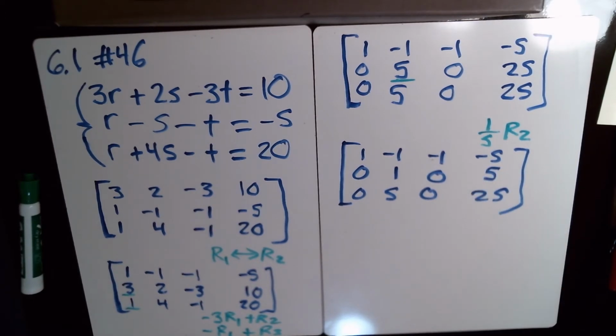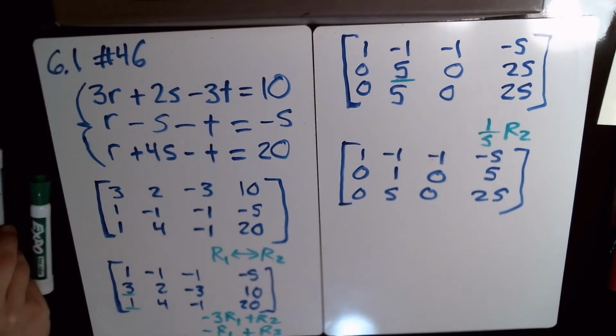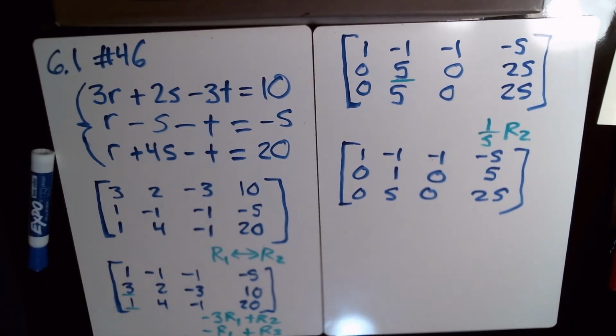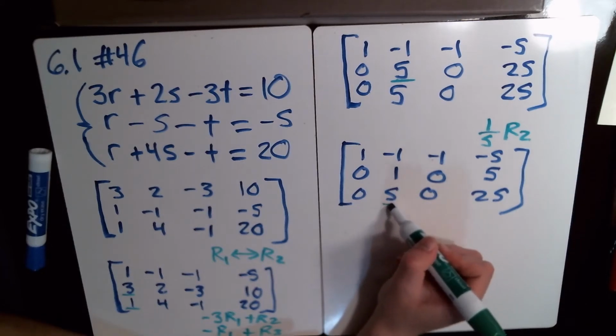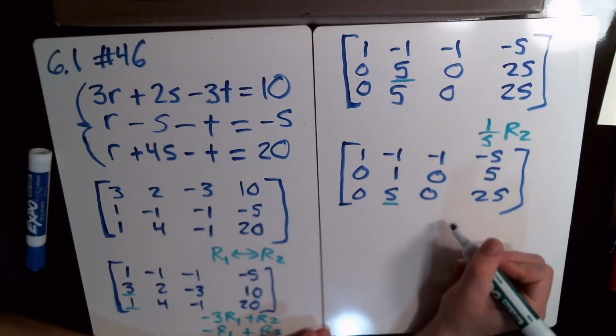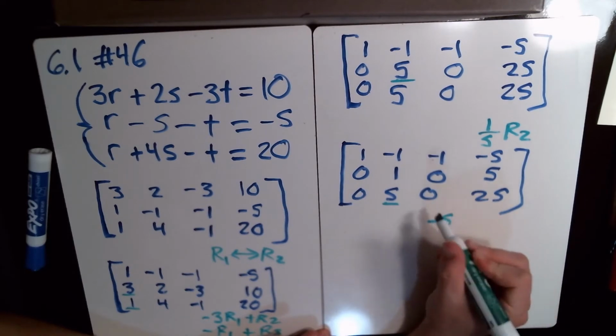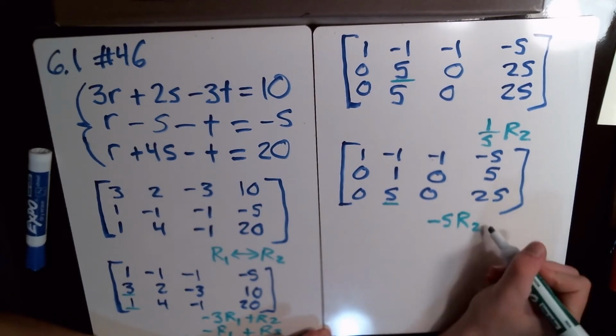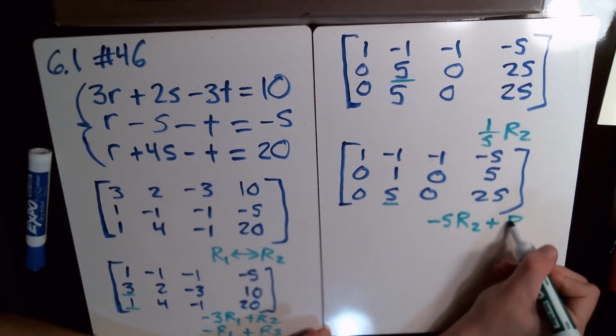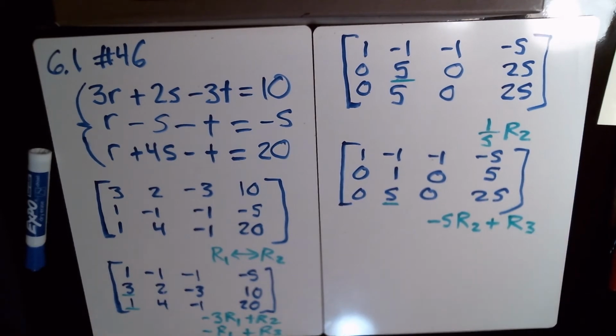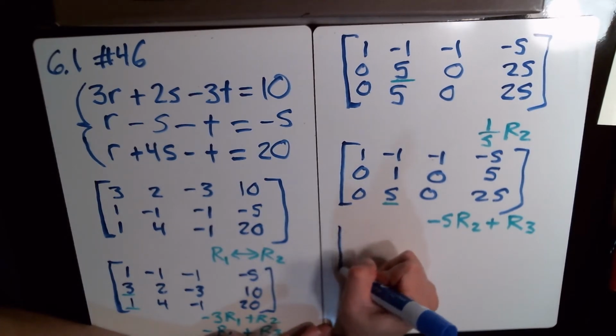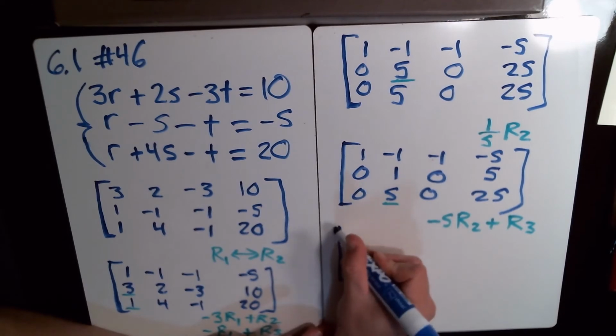And we are getting very close. Now for the thing below the 1, we're going to do negative 5 times row 2, and add it to row 3 to get rid of that 5 right there. And notice what happens here.